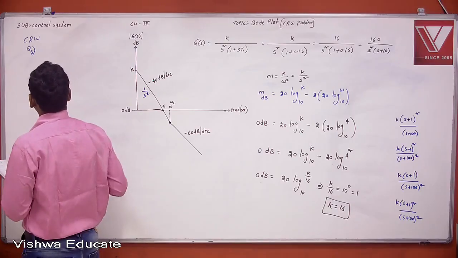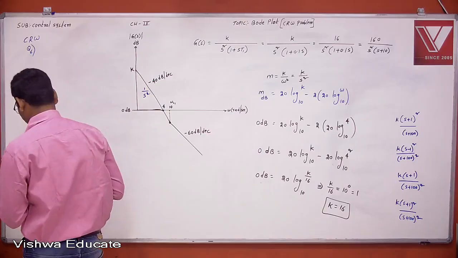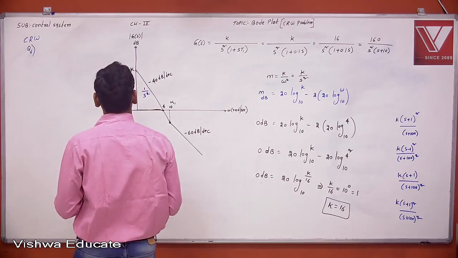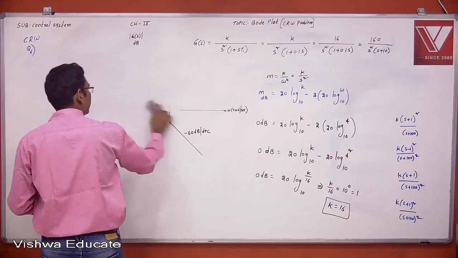Now your classroom workbook, question number 6, is again a Bode plot which is given to you.